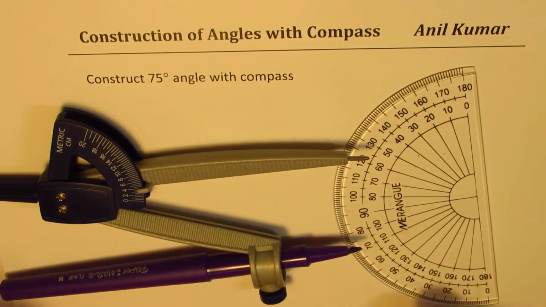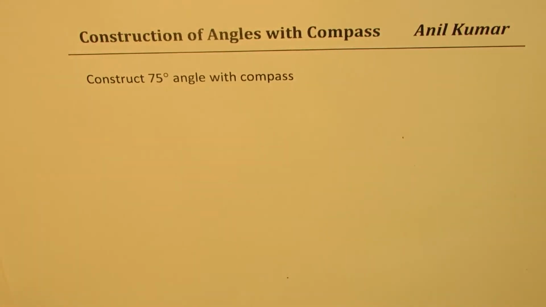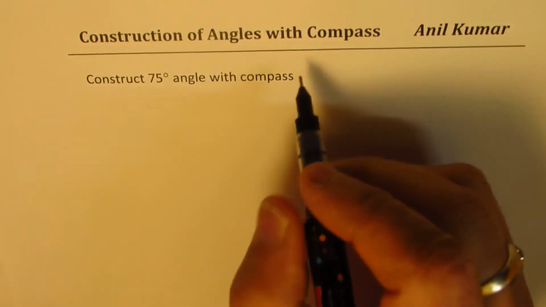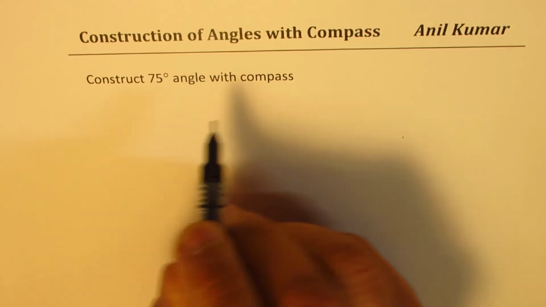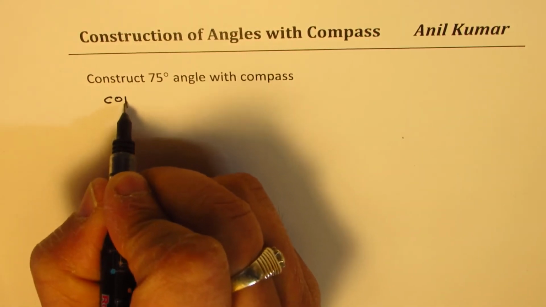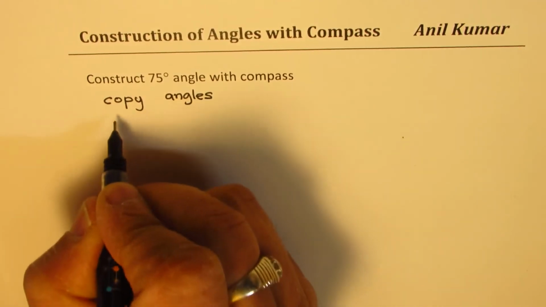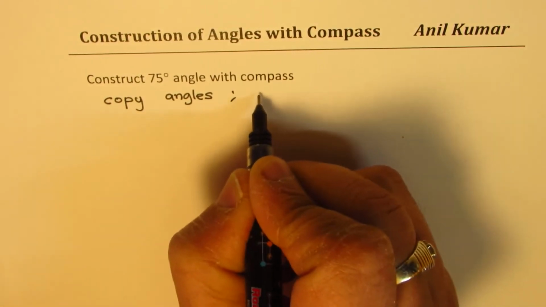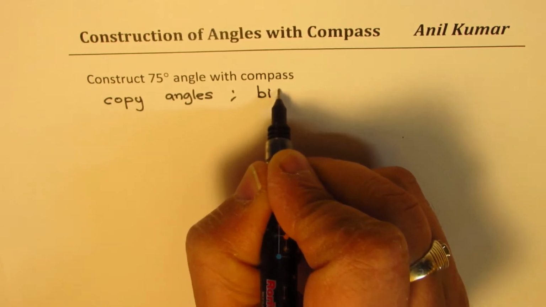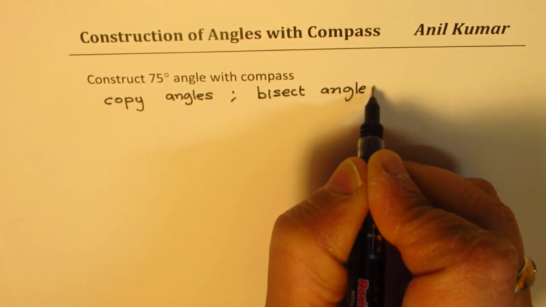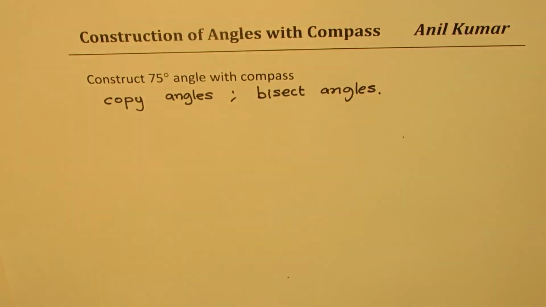Perfect. Now the question here is, how do we construct a 45 degrees angle with compass? Well, we learned two techniques. One, to copy angles, and the other was to bisect angles. We are going to use both these techniques to get 75.